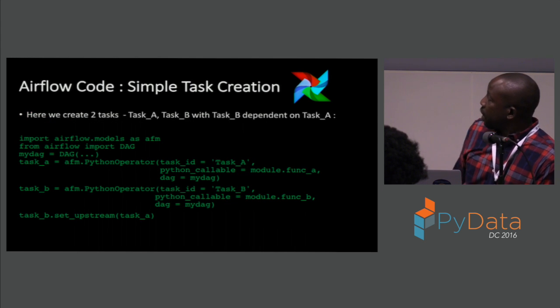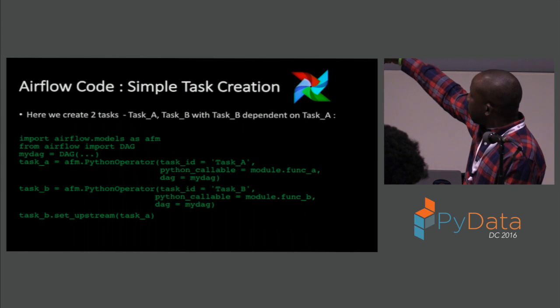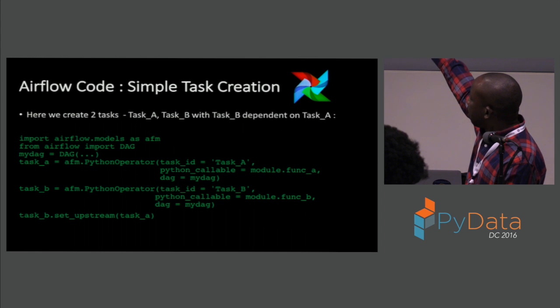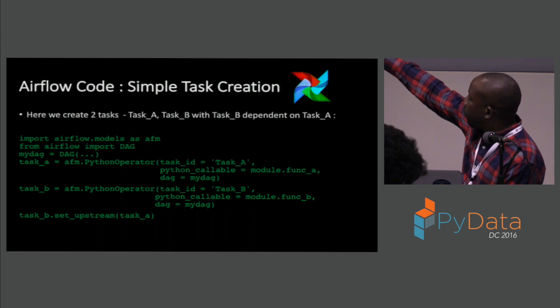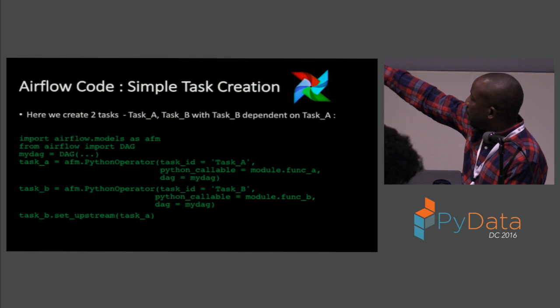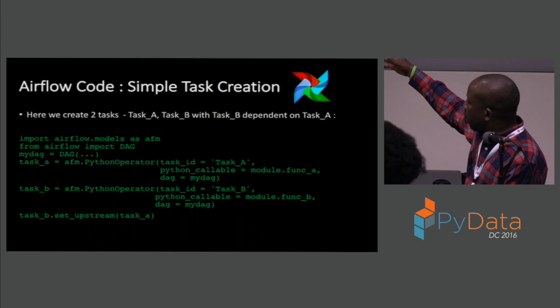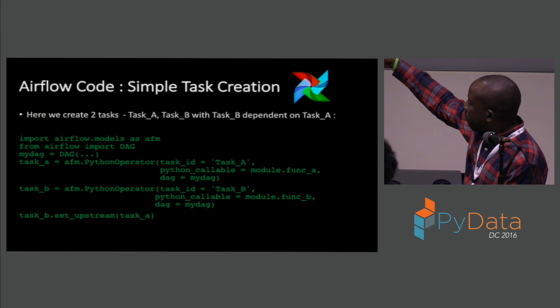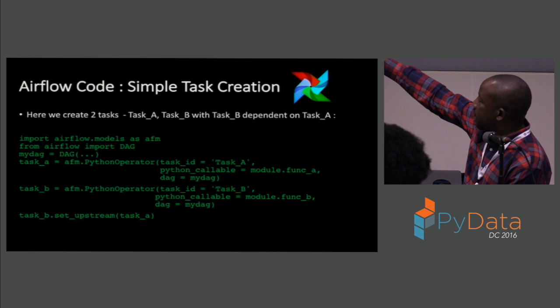So here's how we could create two tasks, task A and task B, with task B dependent on task A running. You import the Airflow models, and then import the DAG module, and you can then specify that DAG.